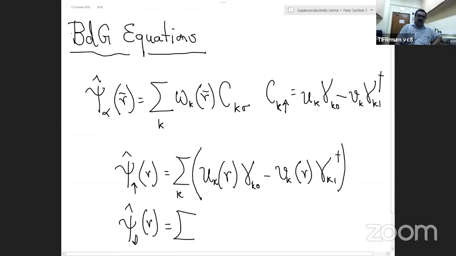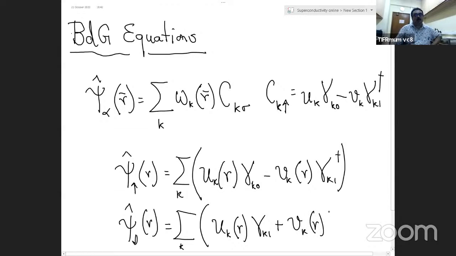At the end, I will sum over all k states. So down will be u_k(R) gamma_k1 plus v_k(R) gamma_k0 dagger.